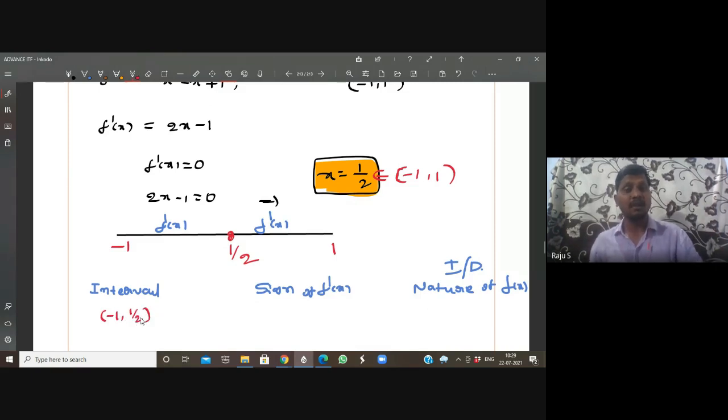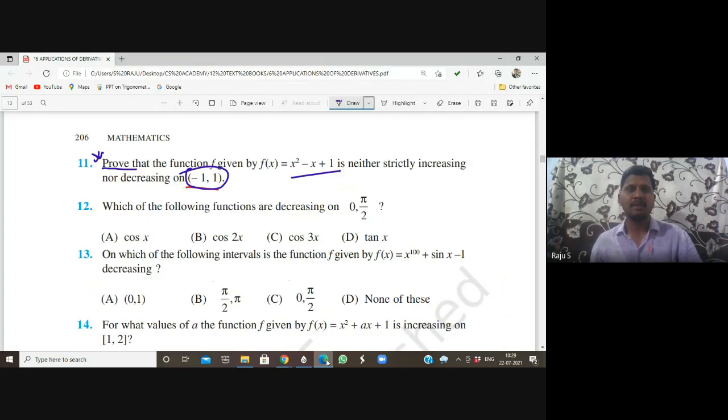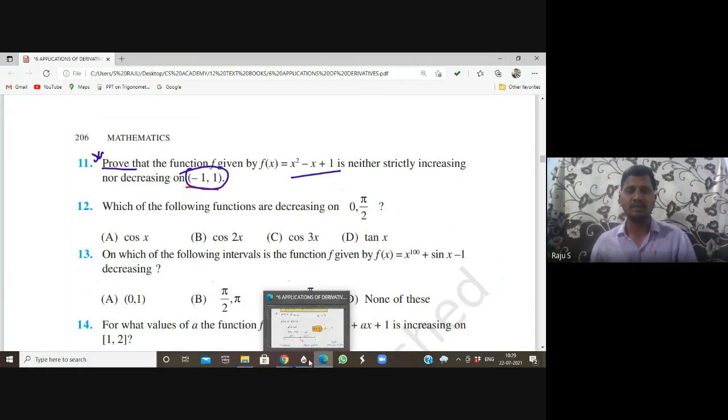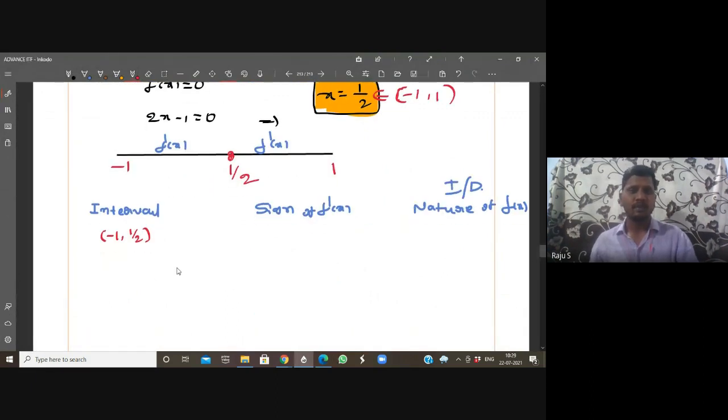We cannot take minus infinity to minus 1. Don't take it, because they have already given a particular interval in the question, since it is a prove question. So simply take minus 1 to 1 by 2, and another one is 1 by 2 to 1.